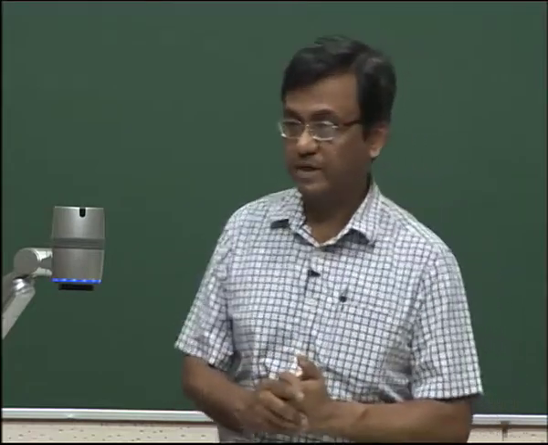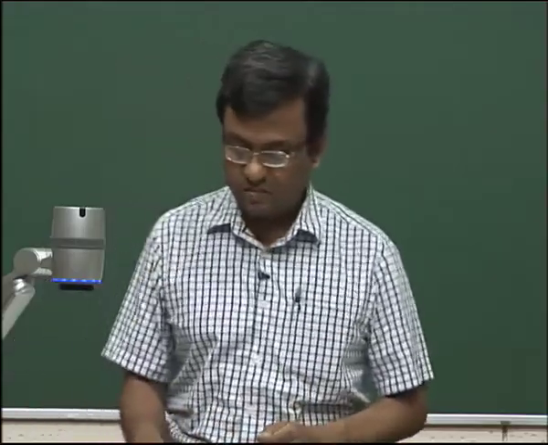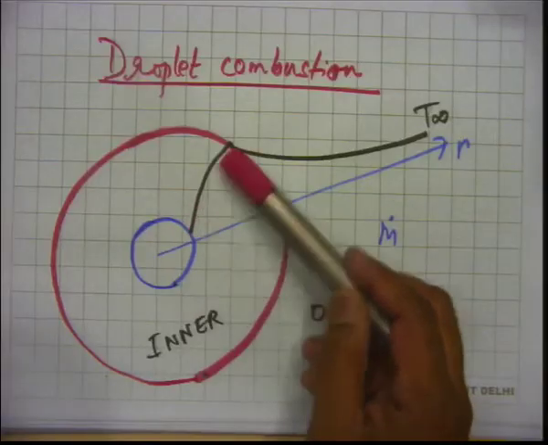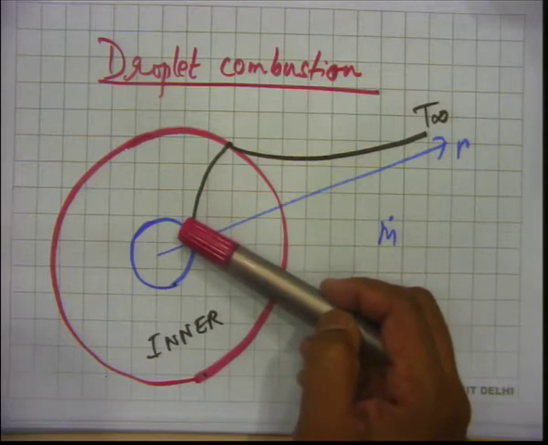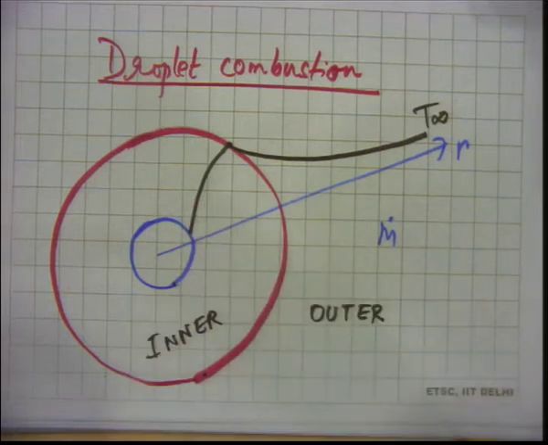Now if you look at this picture, this temperature profile will determine the conduction heat flux into the droplet. Okay. And to know this temperature profile, you need to know where the flame is and what is its temperature.